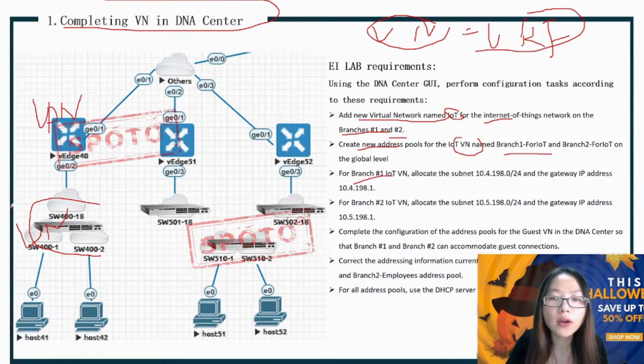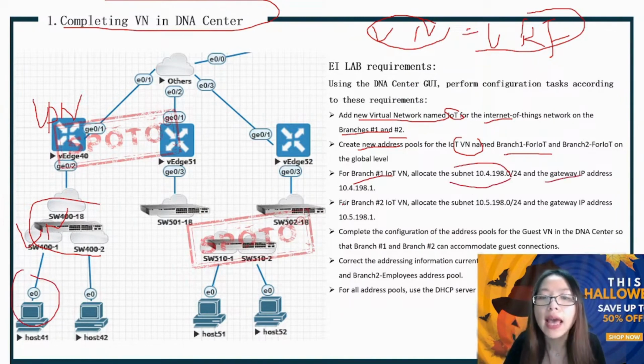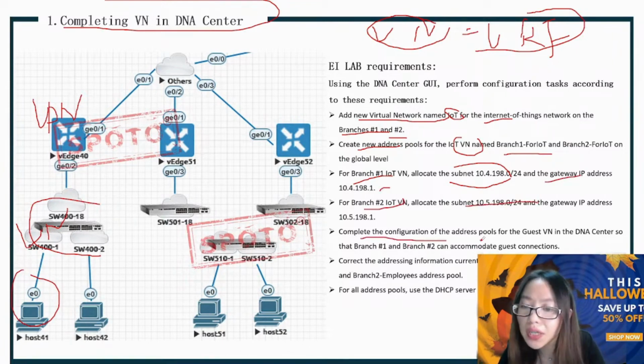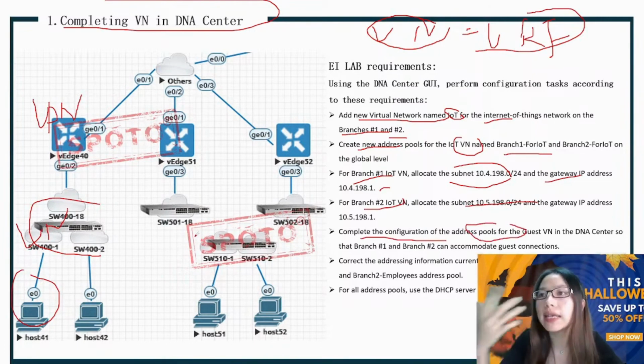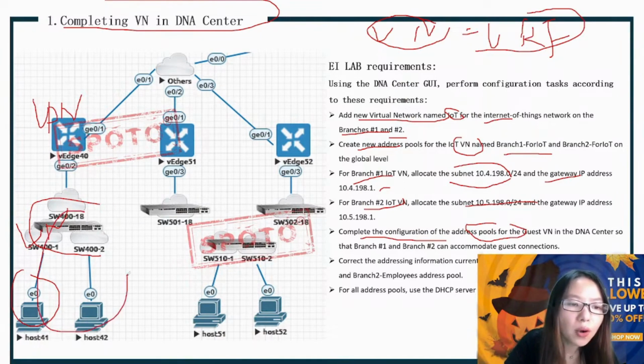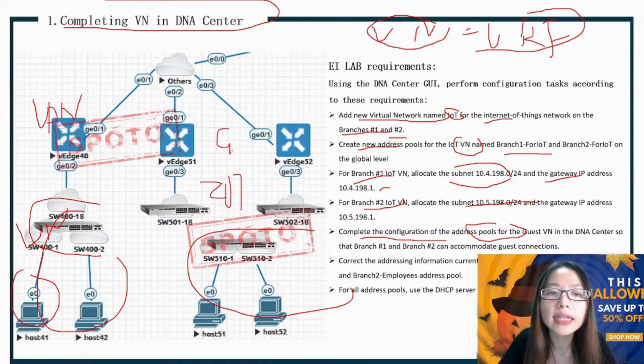For branch 1 IoT, we need to allocate the subnet and the gateway, and likewise the subnet for branch 2 IoT. We should also complete the configuration of the address pool for the guest VN. Branch 1 and branch 2 have 3 VNs: IoT, guest, and employee.